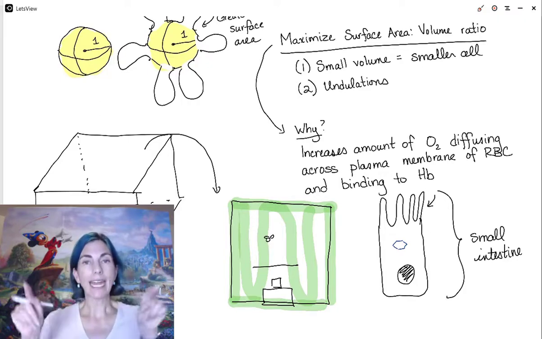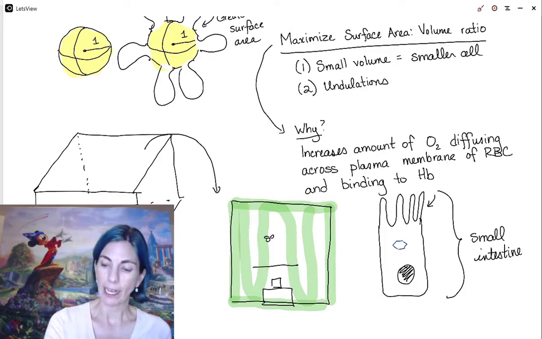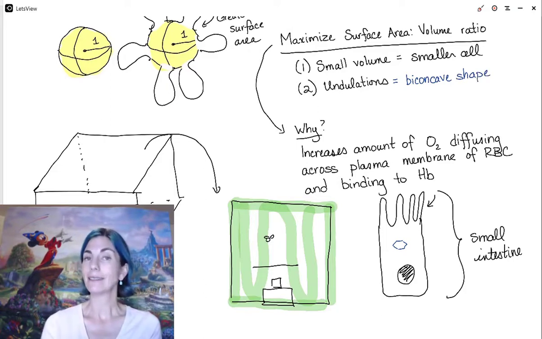The biconcave shape ends up increasing the surface area. So it's not quite so undulated like a small intestinal epithelial cell, but the idea is the same.